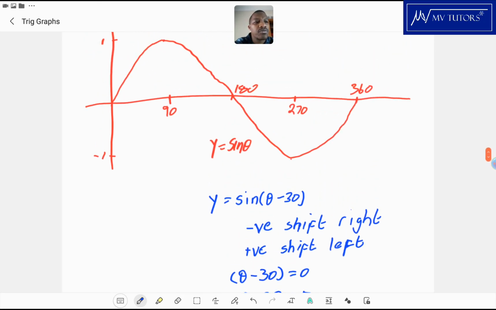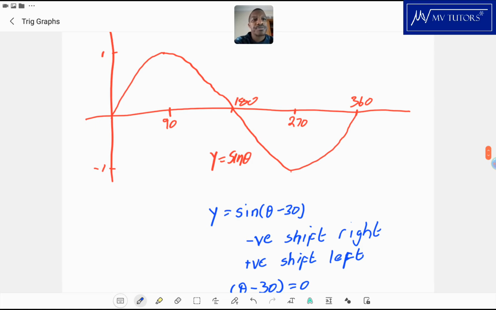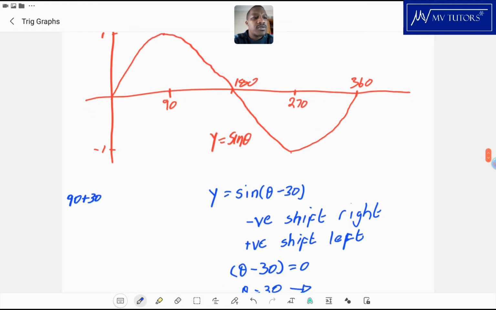Okay, so let us draw this graph. That means 90 becomes, you're just going to add 30, because we have a minus here, so we take the opposite of it. So we have to add 30 to shift it to the right. 90 plus 30 is 120.